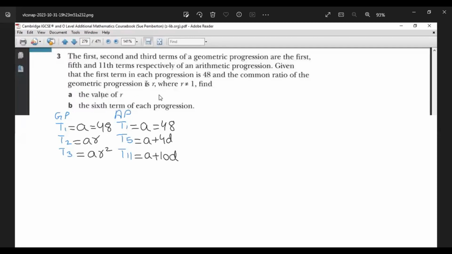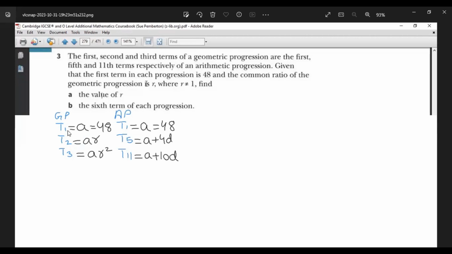As you can see, in the first part, they have asked for the value of R. And they are saying the first term in each progression is 48. So how will I do this working? The first statement given in the question was that the first, second, and third terms of a geometric progression are the first, fifth, and 11th terms respectively of an arithmetic progression.